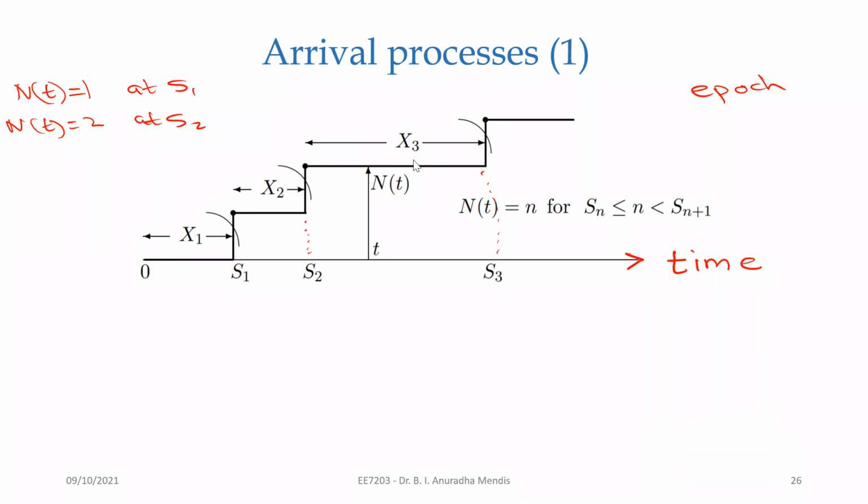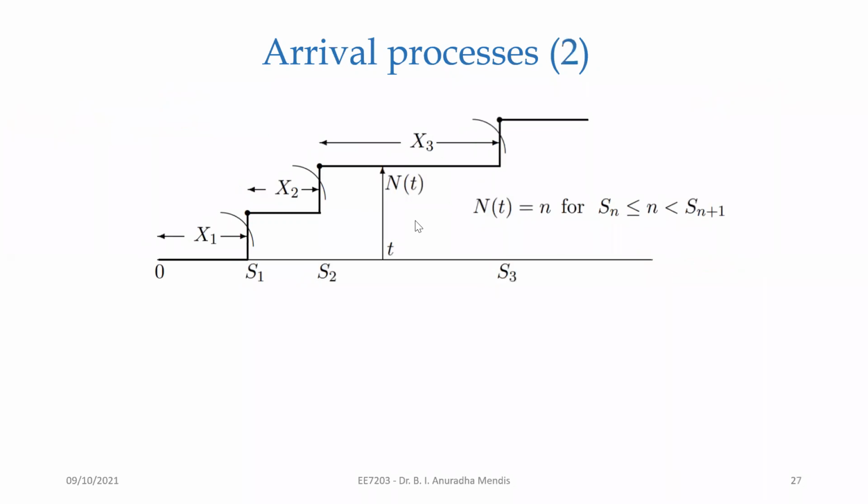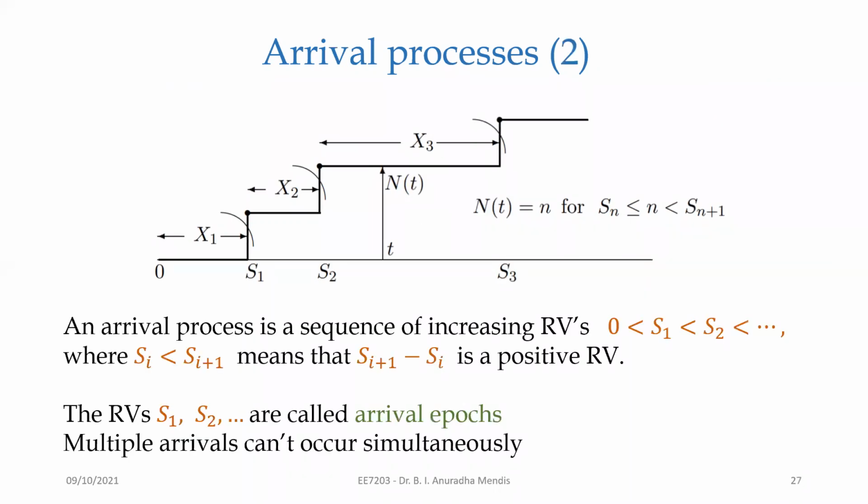Now you can identify two things here. So an arrival process is a sequence of increasing random variables. So these S1, S2 are random variables.